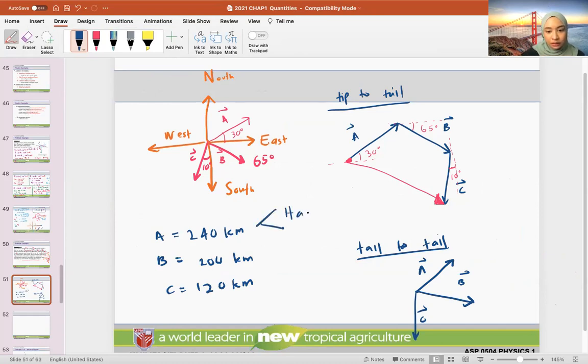And then Jannah, B. Okay, I don't know why I put this. I wanted to write Haris twice but there's only one Haris. And then now Safa, C. Break it into X and Y components.